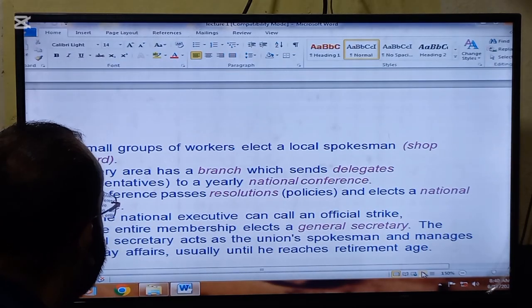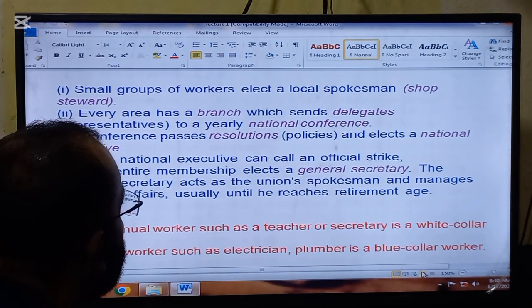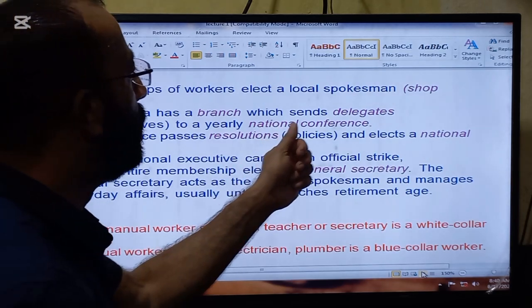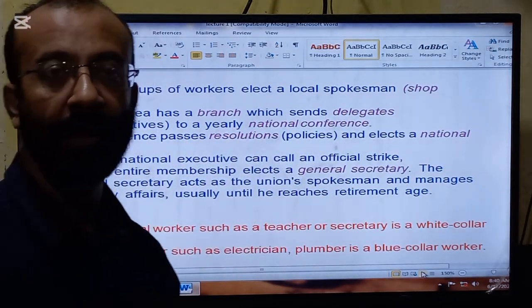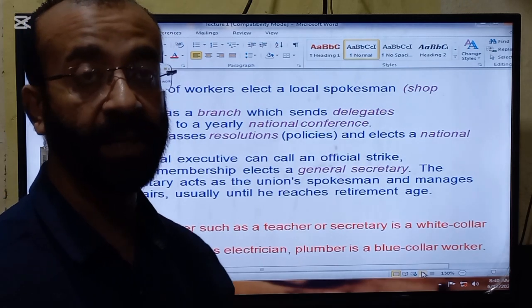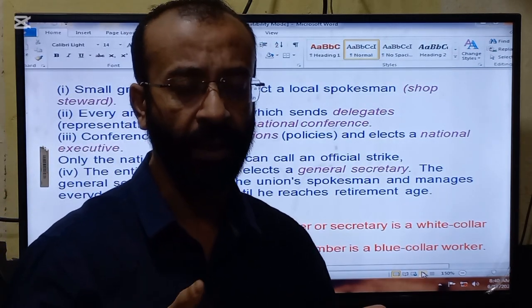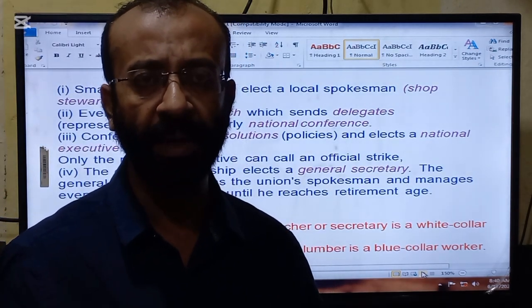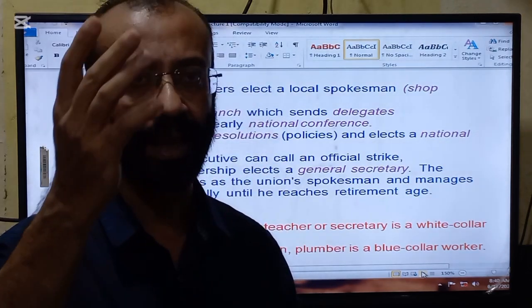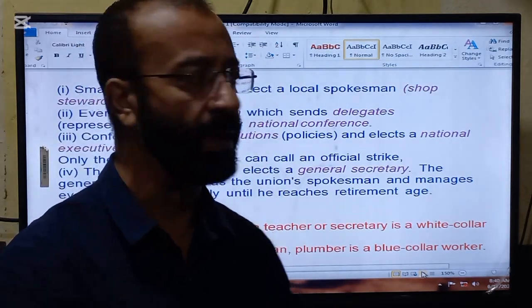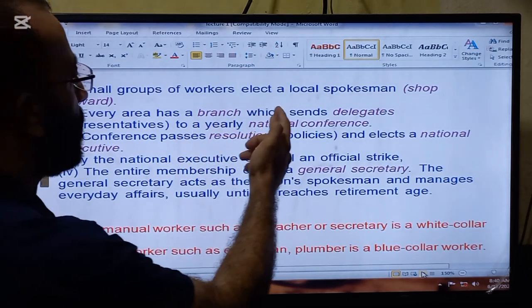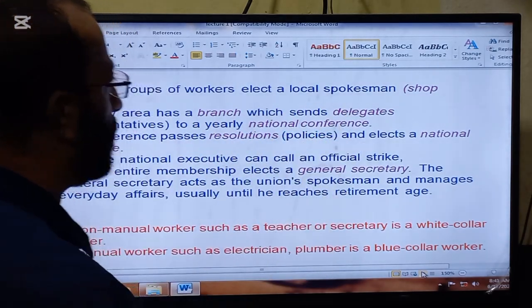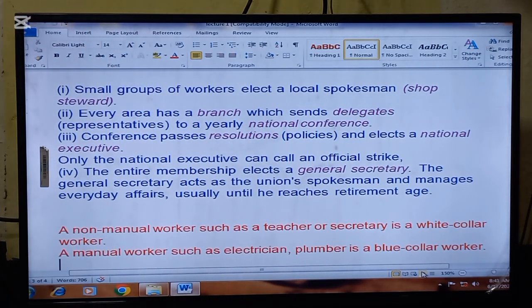Generally, small groups of the workers elect a local spokesman, called the shop steward. So lower level workers normally elect a spokesperson.